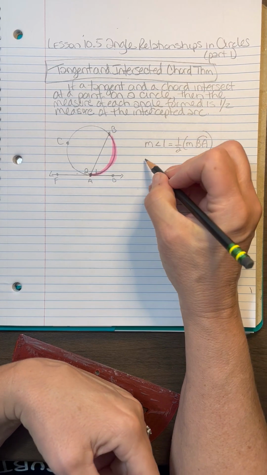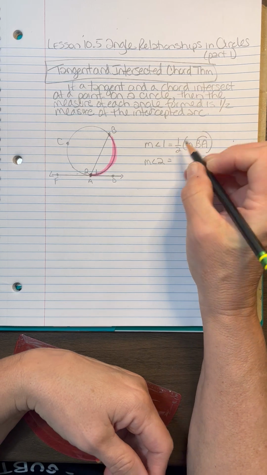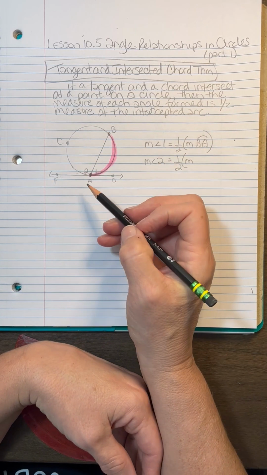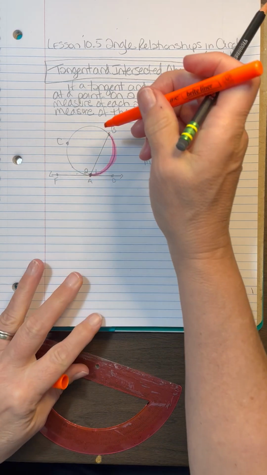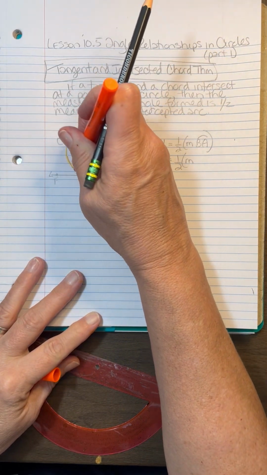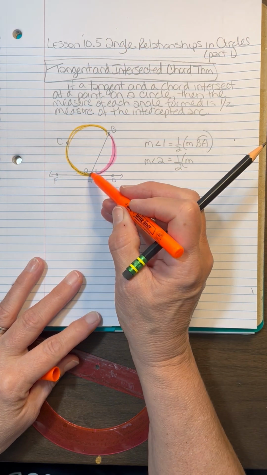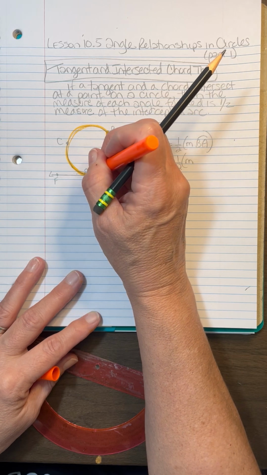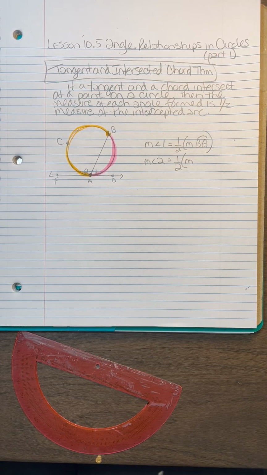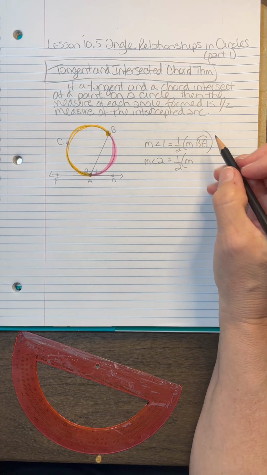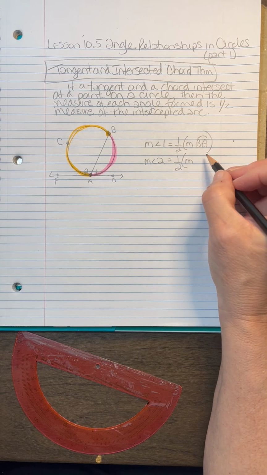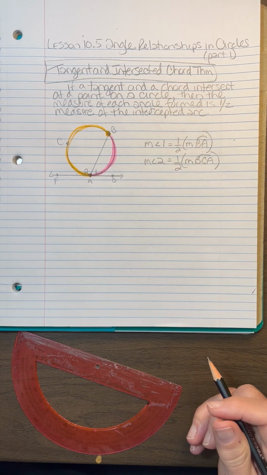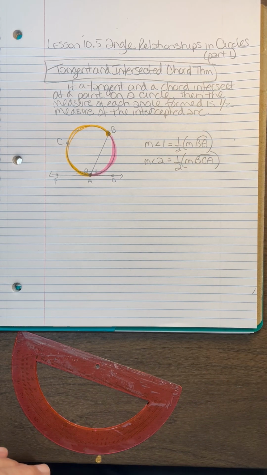Okay, and then the measure of angle 2 would be equal to 1/2 the measure of the other side, right? So we also have this arc, and as you can see, angle 2 starts at B, and its vertex is right at the angle, so the arc it intercepts is going to be BCA. Sorry, the dogs are very distracting.